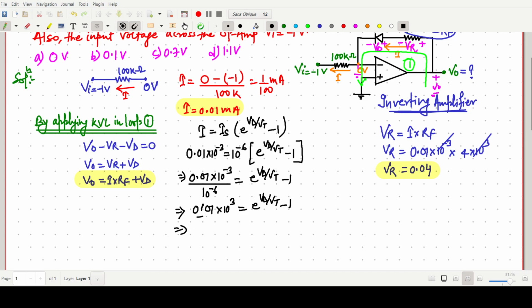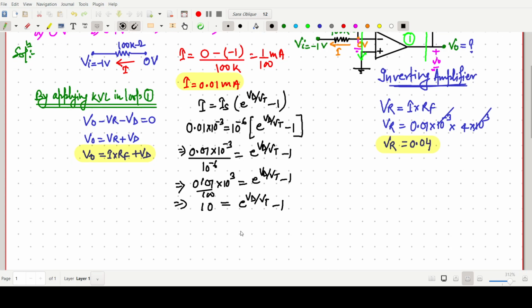Then if we make it 100, it should be simply 10, so 10 equals e to the power Vd by Vt minus 1. I am doing step by step. Then 1 should move to the left hand side, so 11 equals e to Vd by Vt.